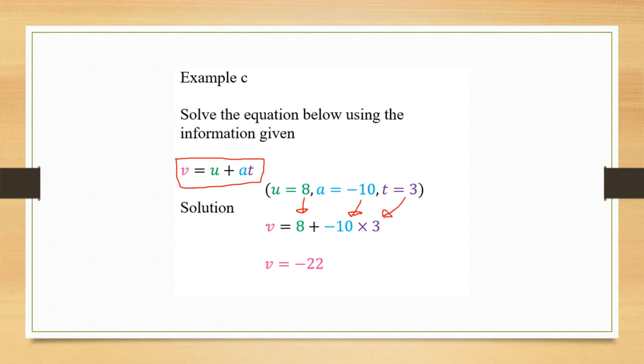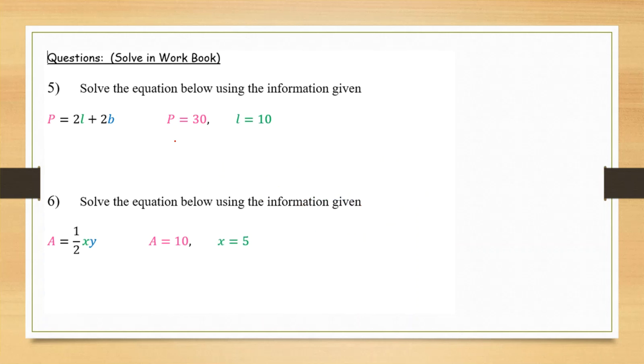And this time around we're finding v, so we just really need to do the calculations, not the substitution, or not solving the equation. So now when we solve for v, we just need to do this calculation. We're not actually solving an equation this time. Questions you need to do are here.